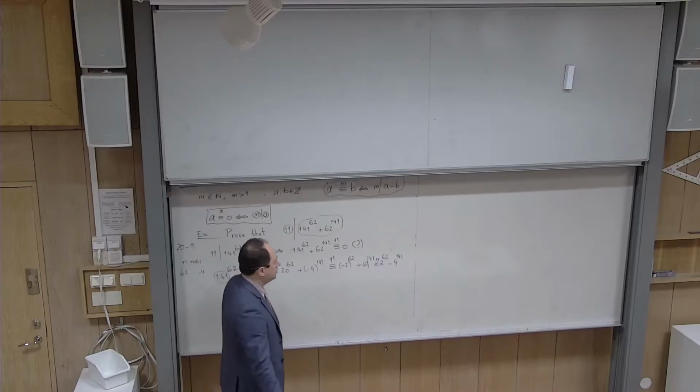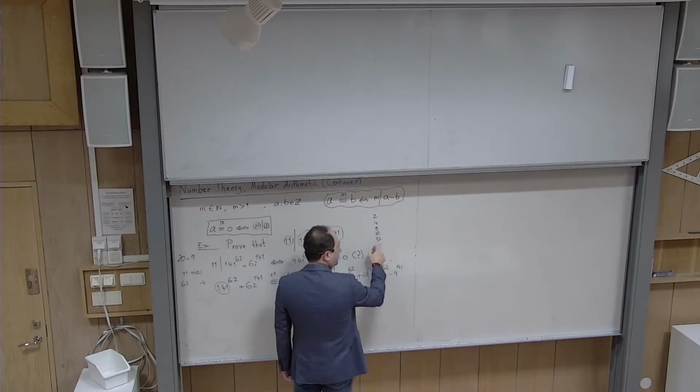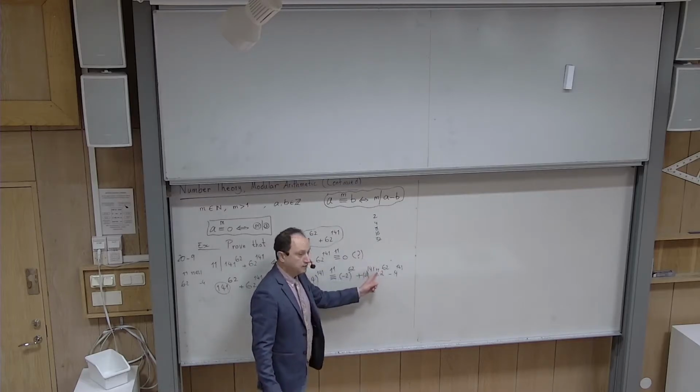What you need to do is have a list of powers of 2. 2 to power 1 is 2, 2 to power 2 is 4, to power 3 is 8, to power 4 is 16, and then to power 5 is 32. By the way, 32 is a good number, because what is the closest multiple of 11?